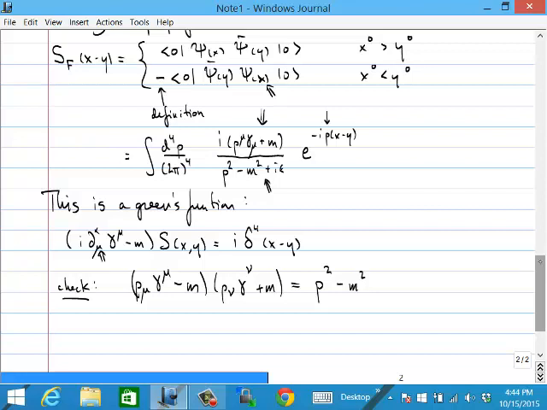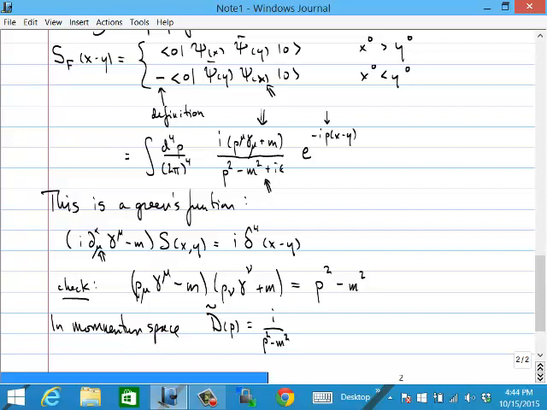In particular, in momentum space, remember the scalar propagator, so we could give it a tilde to remind ourselves that it's in momentum space. What was that? That was i over p squared minus m squared.